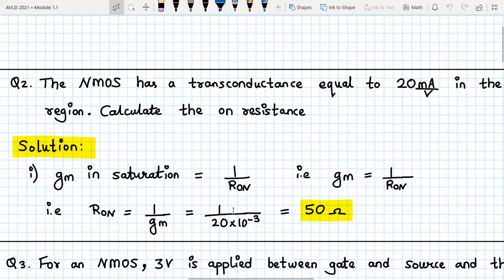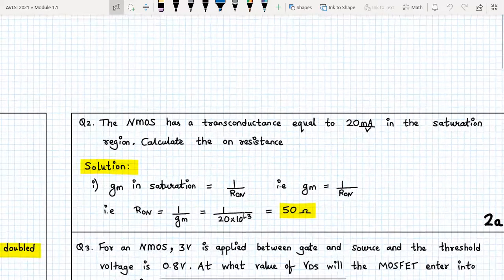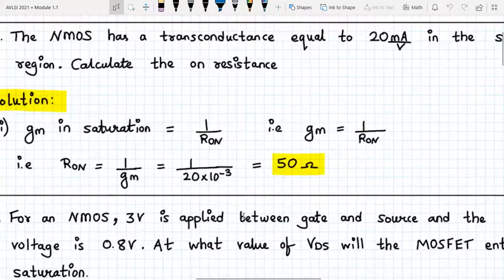That will be 1 divided by 20 into 10 raised to minus 3. And if you solve it in your calculator, that value will come out to be 50 ohms. Another point is that the on-state resistance of the MOSFET is always in ohms. Okay, so now let us move on to the next part.